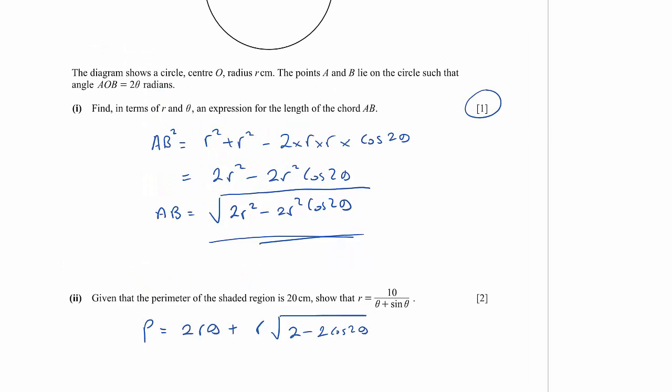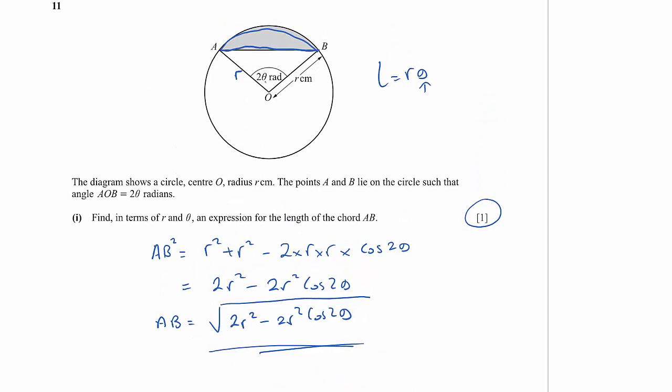And unfortunately the only way I see of getting from this to the expression that they want is beyond the scope of the course. So I'm going to do a little rethink up here about the length of AB. And what I'm going to do is split that into a triangle like such.